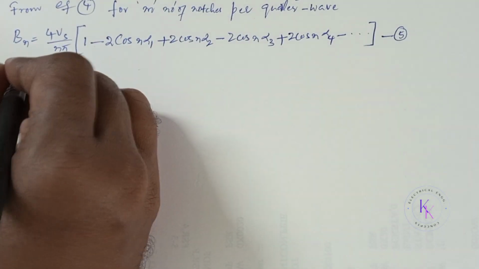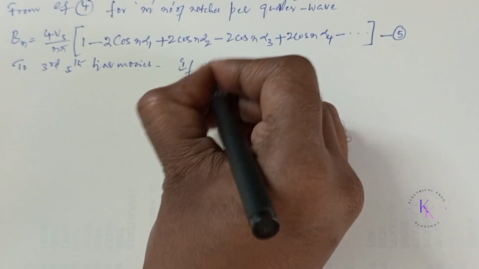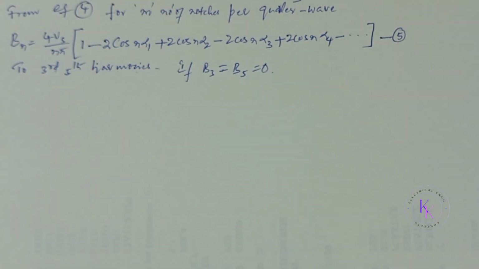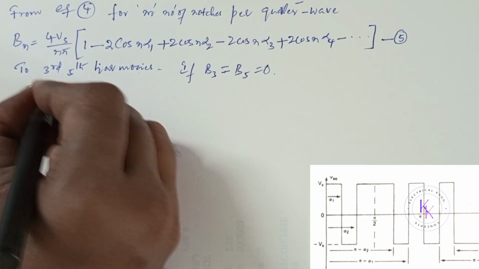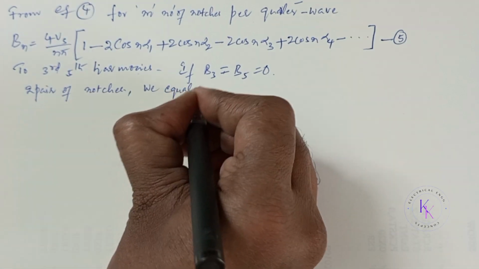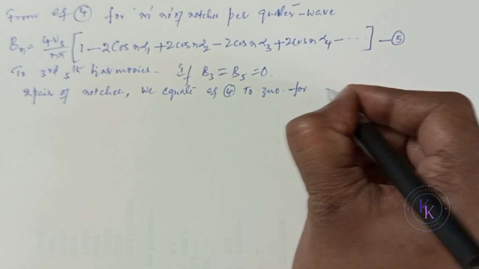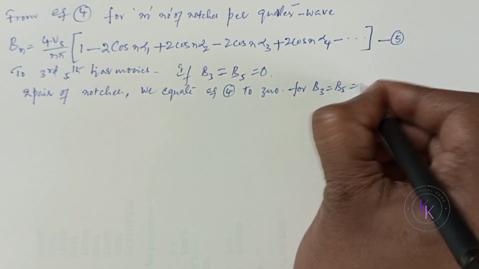Now, to eliminate the third and fifth harmonics, if B3 equals B5 equals 0, then we can eliminate the third and fifth harmonics. From the graph, we can see that we have introduced two pairs of notches. We equate equation 4 to 0 for B3 equals B5 equals 0.